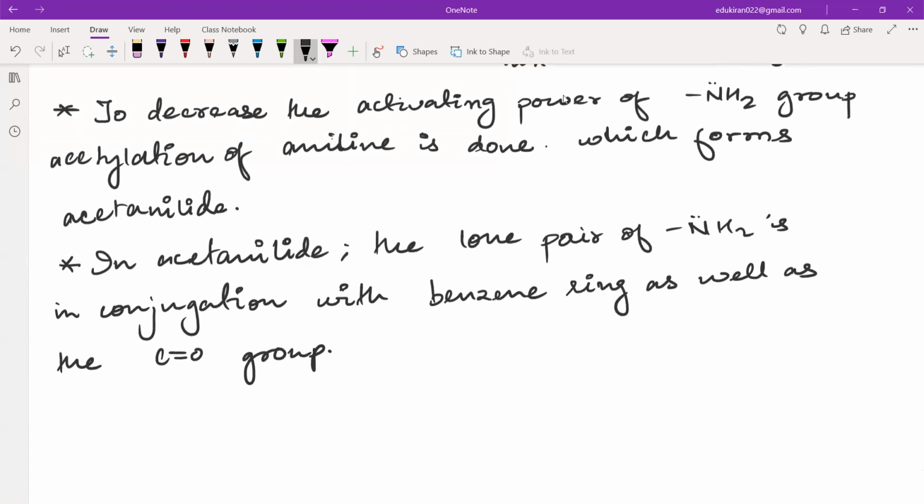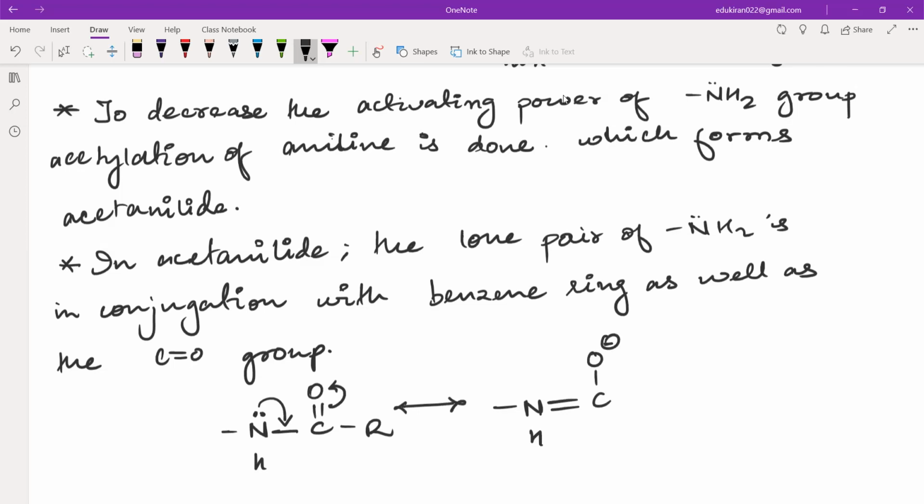So you can show it like this: nitrogen with a hydrogen here and a carbon, C double bond O, and there is some R group. Here we have taken CH3. You can show that there is a resonance like this happening. Now this lone pair is not fully available to the benzene ring, and this is now C double bond, C single bond O negative, and there is R.